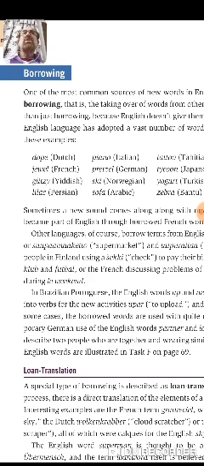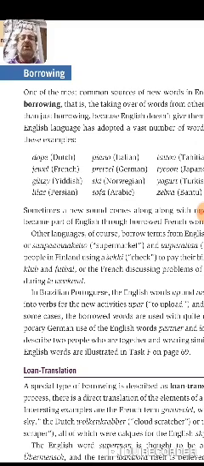This is called borrowing. Well, the best example of borrowing is in fact English. Why? Because this language borrows so many words from so many different languages.